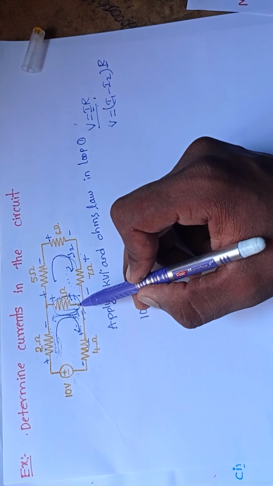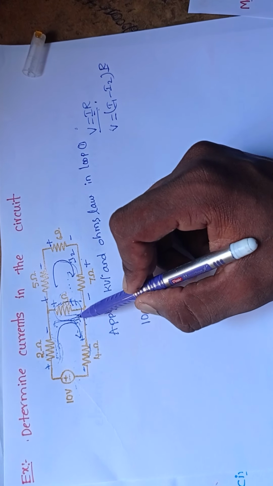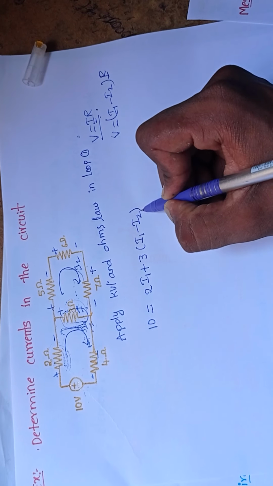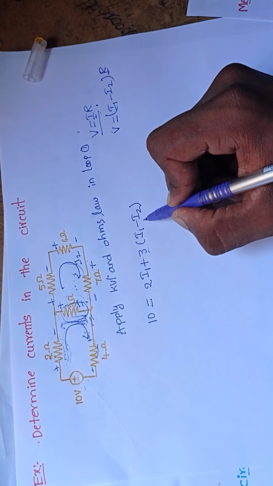For applying KVL and Ohm's law in this branch, we get 3 times (I1 minus I2). I already said how this is obtained.